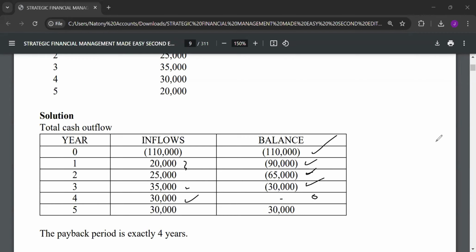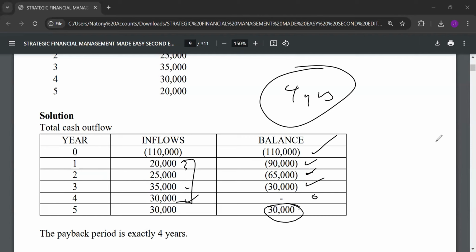So what you have received from year 1 to year 4 is 110. This project will pay back itself after 4 years. At the end of year 5, these are additional cash flow that the company will receive after the project has paid back itself.